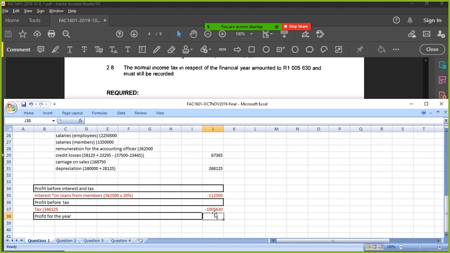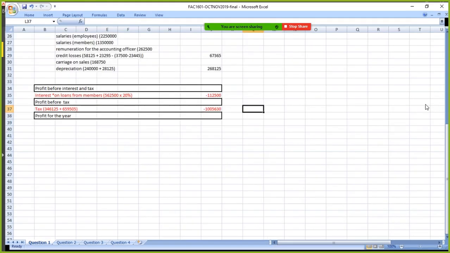So obviously add the difference, 659505, which would have been a SARS liability, or accrued expense basically. Right, and that's the end of the question. Perfect.